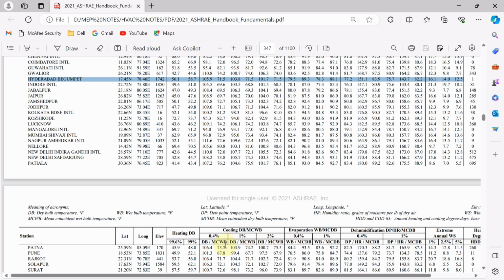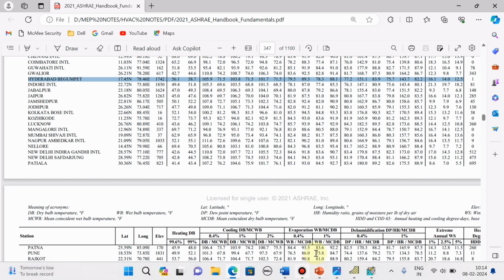So these percentages indicate the frequency of occurrence of a specific temperature and humidity condition in a given location. While designing, we always have to select the peak dry bulb value. Here you can see dry bulb temperature is 105.9 degree Fahrenheit and mean coincident wet bulb temperature is 71.5.